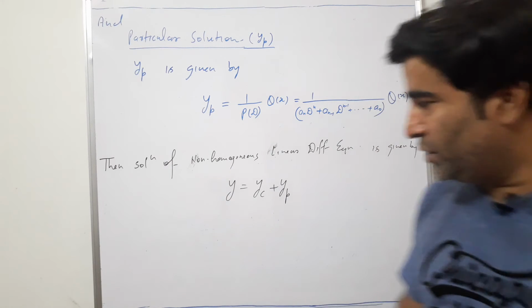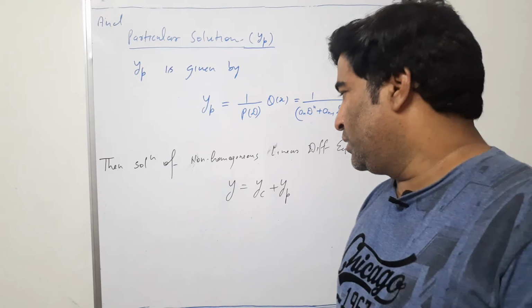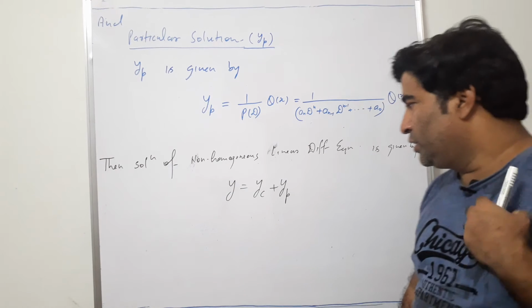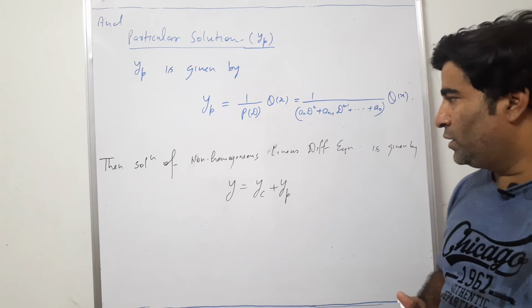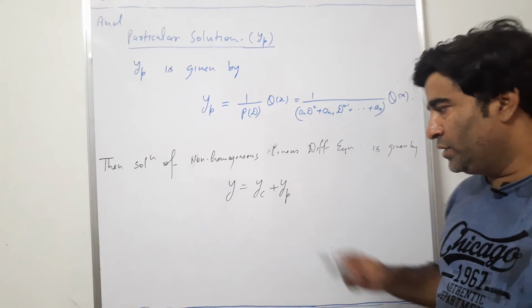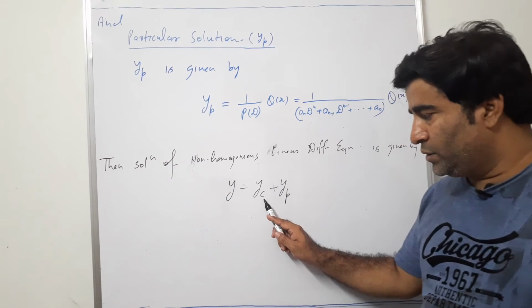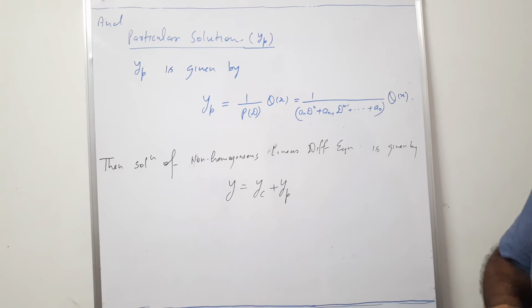This is the general solution, or we can say this is the complete solution of the given non-homogeneous linear differential equation. So to find the solution of the non-homogeneous differential equation, first of all we find the complementary function and the particular solution of the given differential equation.